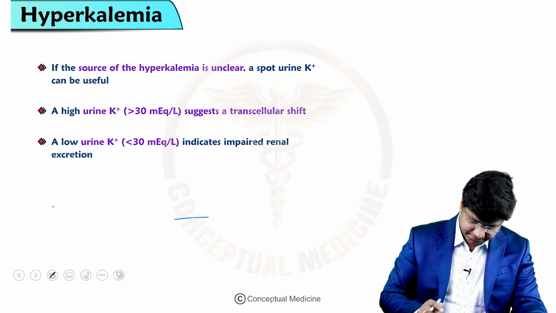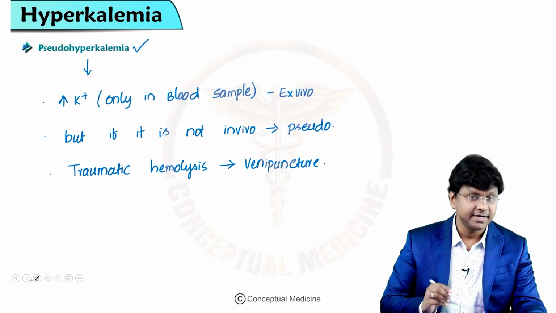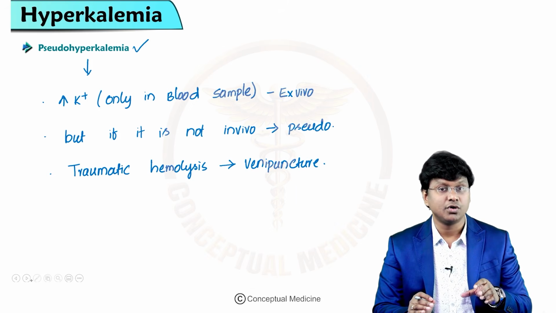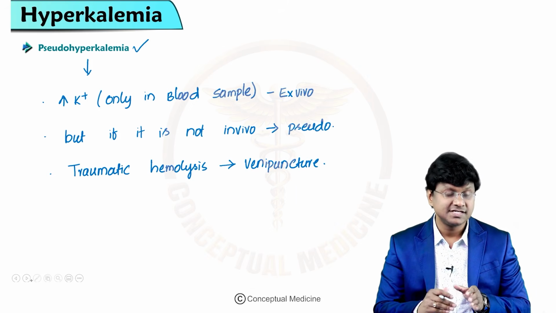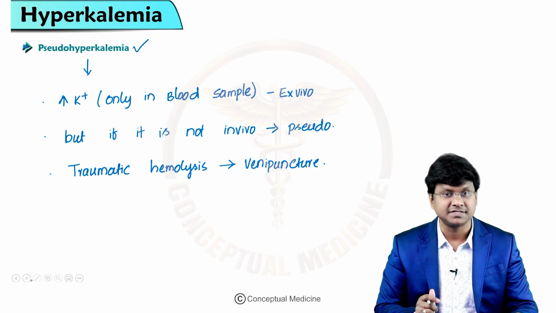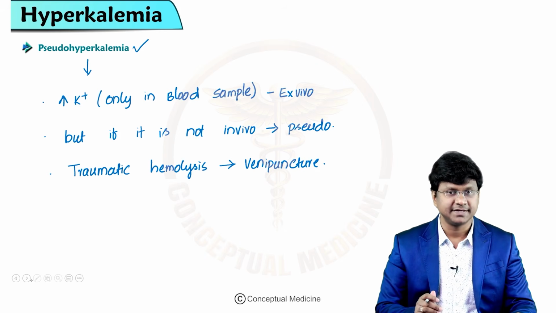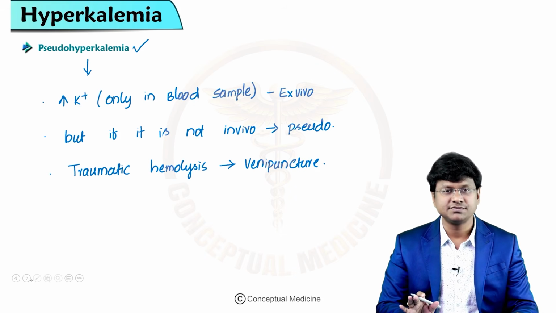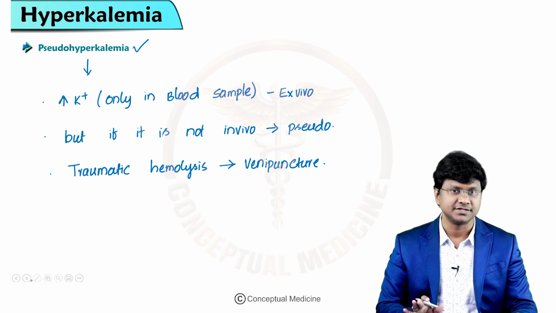And this is more common than suspected, and has been reported in almost 20% of the blood samples with hyperkalemia. So basically, please remember, pseudohyperkalemia is due to potassium release from traumatic hemolysis during the venipuncture.